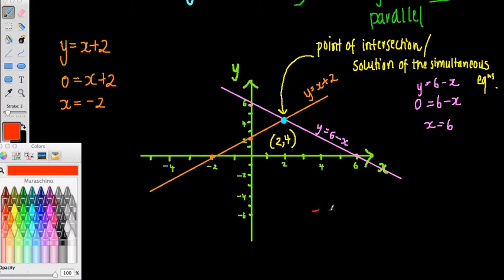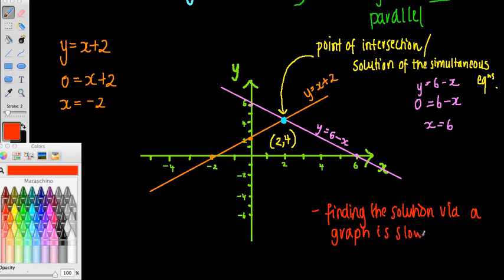So just to make a few points, finding the solution via a graph is slow, and it's a bit tedious as well.